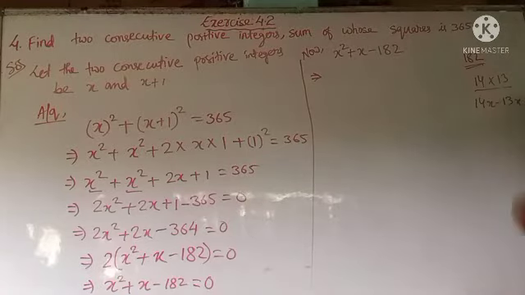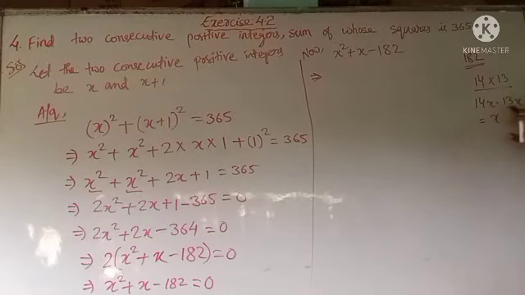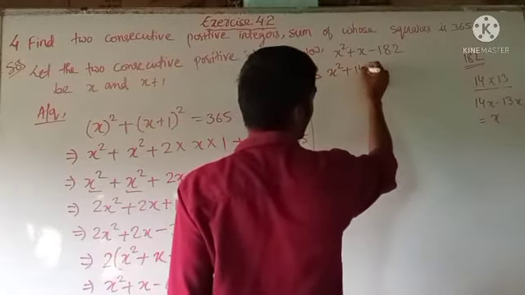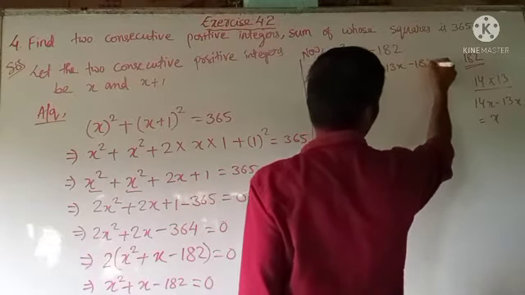If we use this one, then we are going to get x only in the middle term. So we can use this number, that is 14x minus 13x. We'll write here x square plus 14x minus 13x minus 182.